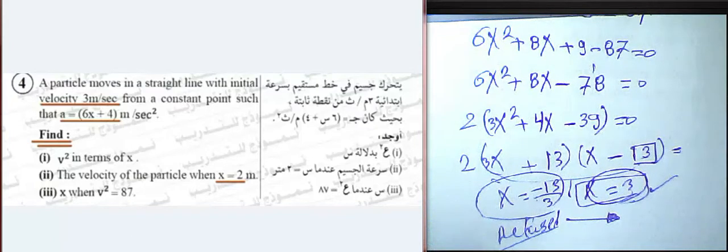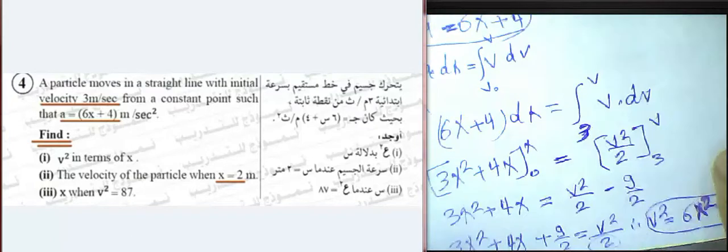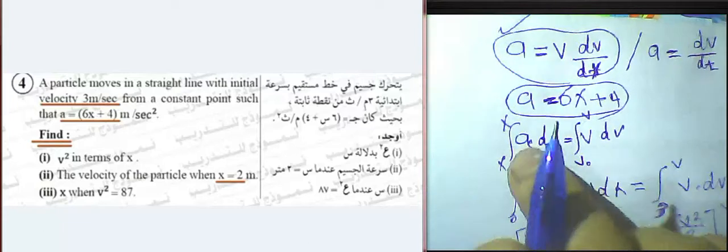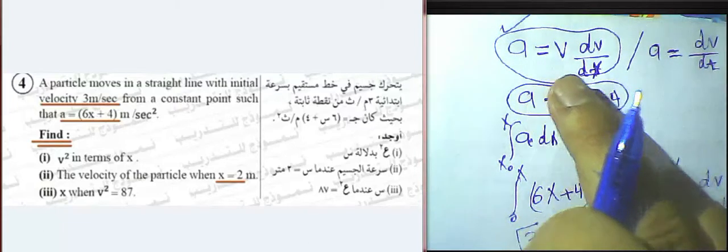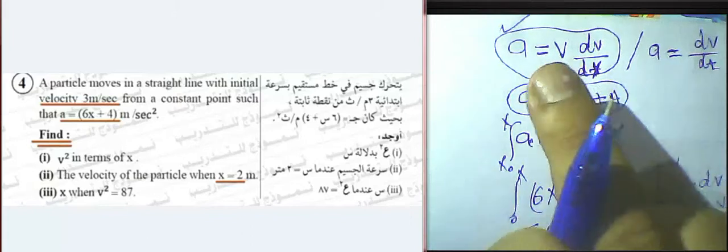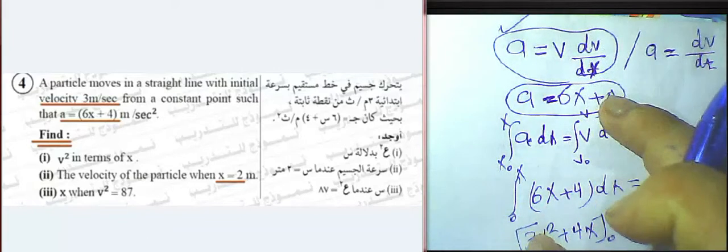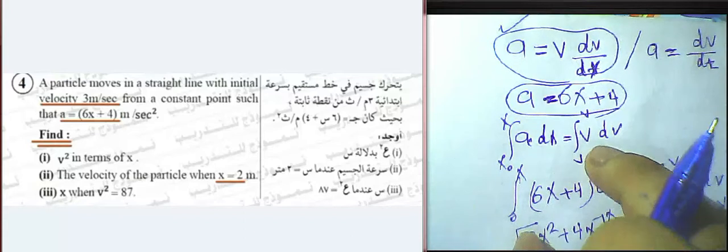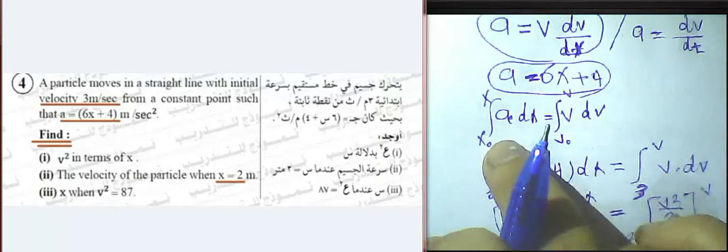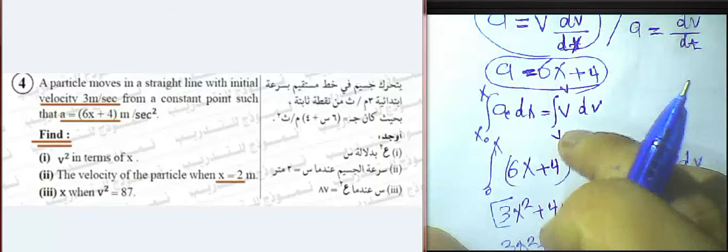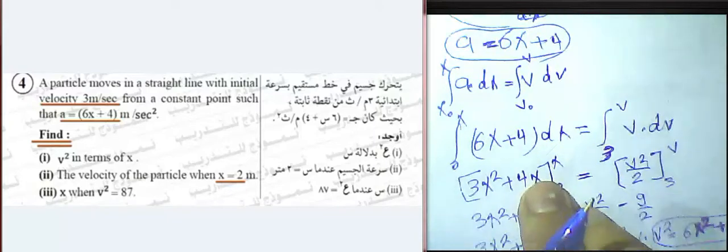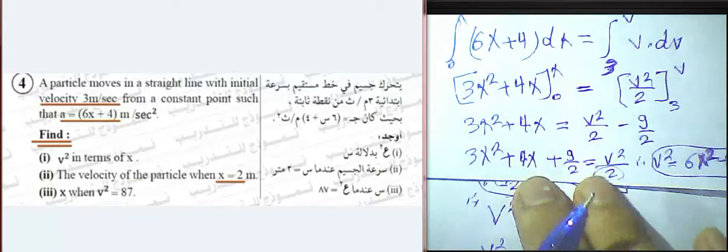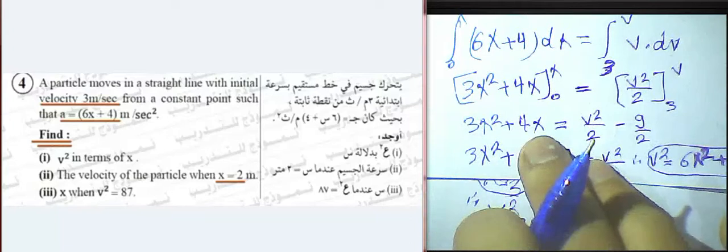Understood? So in this example we must know this relation about acceleration and v. Acceleration equals v multiply dv over dx, and we can write a multiply dx equals v multiply dv, and integration from x naught to x and v naught to v about left hand side and right hand side, and we can complete it about this example.